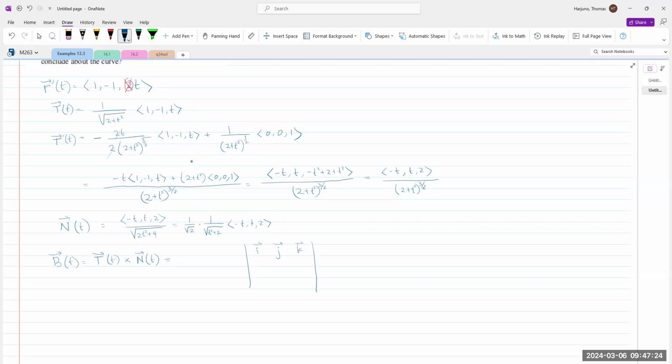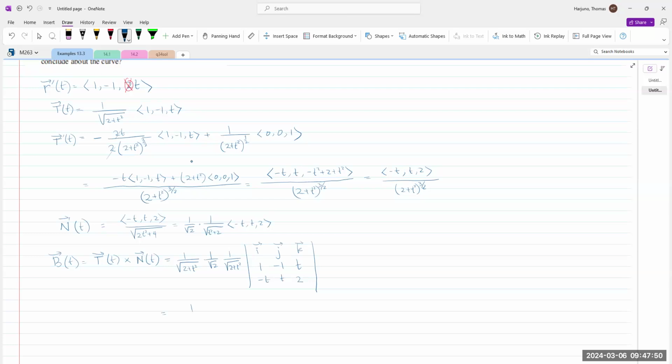I will write the coefficient of the unit tangent vector outside and put this inside. Then for the unit normal vector, I write the common scalar factor outside, and this is negative t, t, 2.